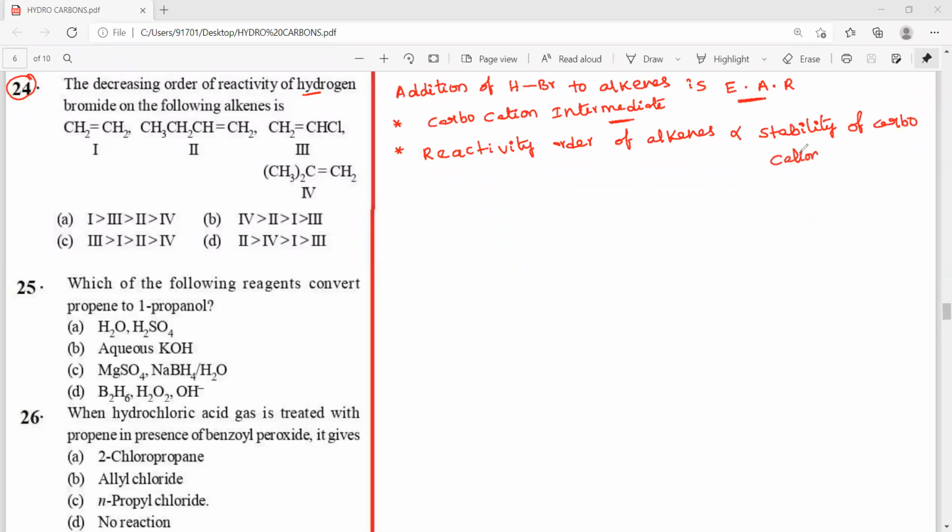Okay, students, we know very well the stability of carbocations. Tertiary carbocation is more stable than secondary and then primary carbocation. Like that, this order will come.